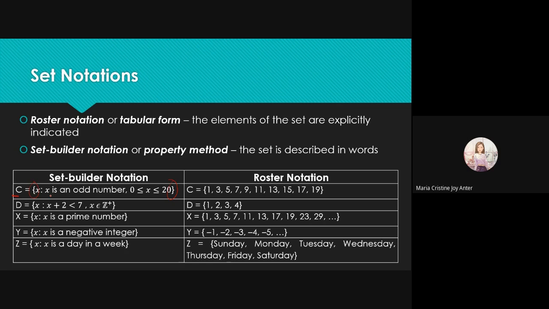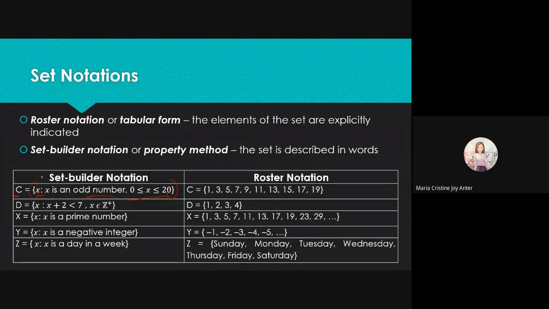In this one, the set C is equal to x such that x is an odd number where 0 is less than or equal to x is less than or equal to 20. So whichever odd numbers satisfy this condition are the elements of set C.